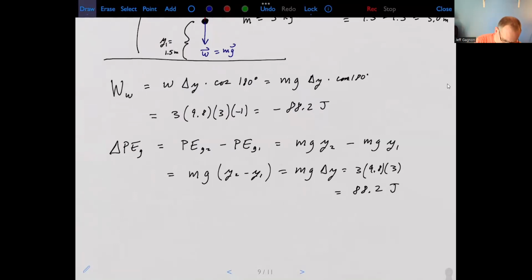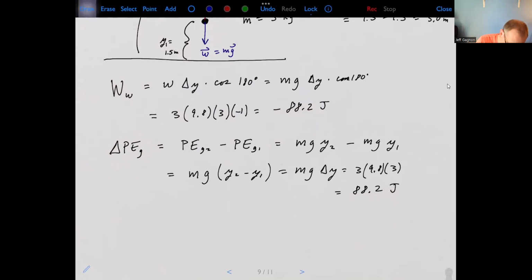Notice that these have the same absolute values. The work done by the gravitational force, by the weight, is negative 88.2, and the change in gravitational potential energy happens to be positive 88.2 joules. So they're basically the same value, but they have opposite signs. And it turns out that the work done by a conservative force can always be written as negative the change in some potential energy.